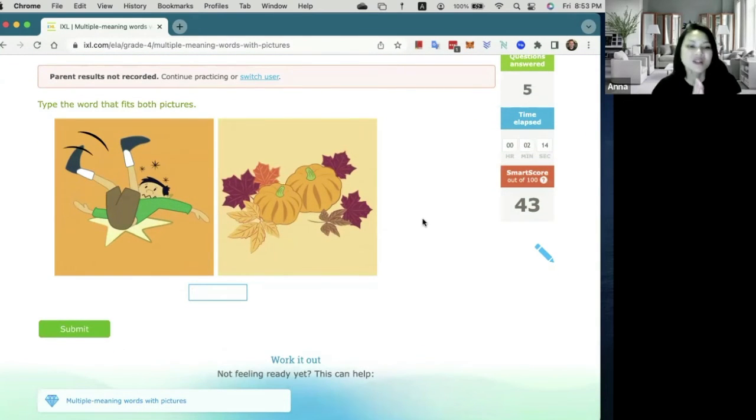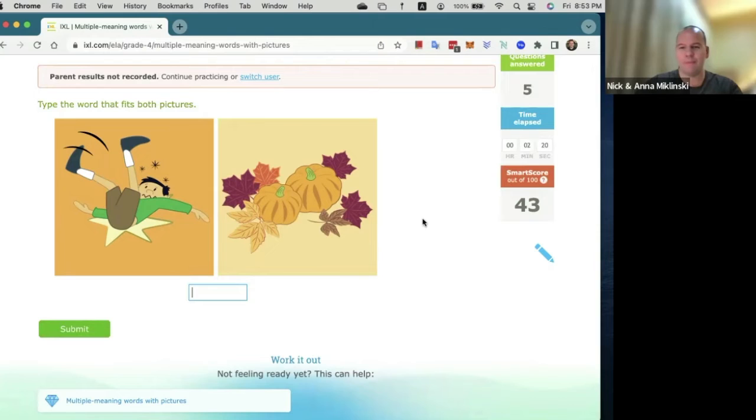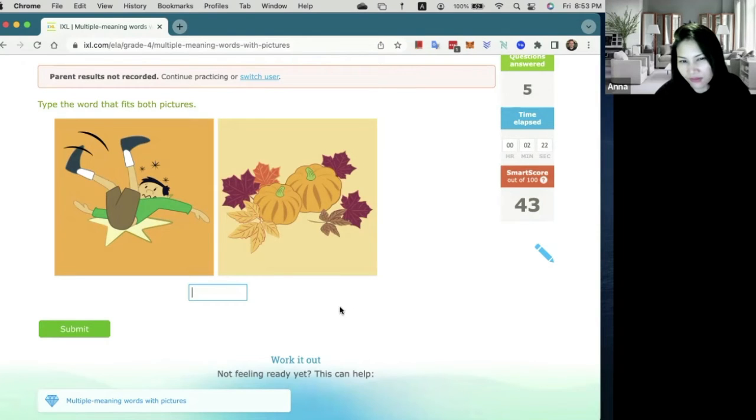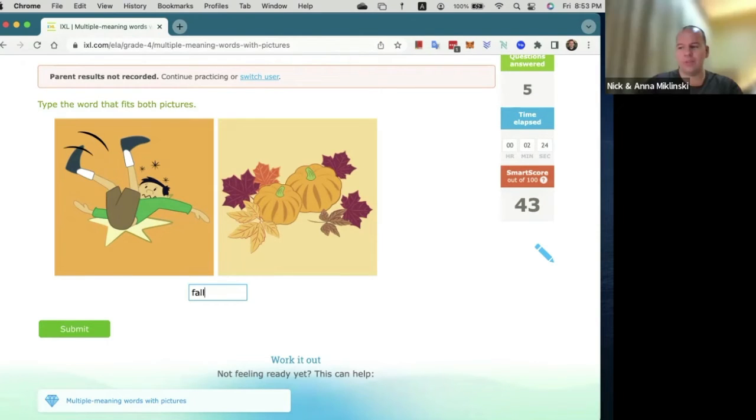Okay, I look at the boy and look at the leaves. Is it fall? Like the weather, right? The boy in the picture, fall. And the season, right? There are typically four seasons in most places of the world, not in Thailand, right?